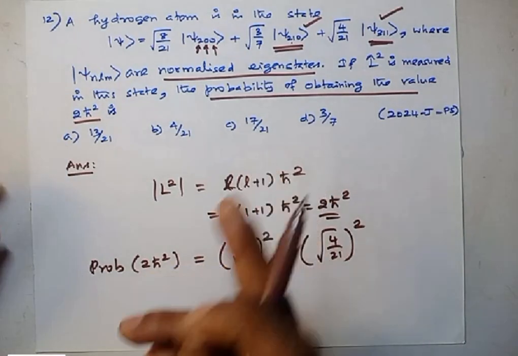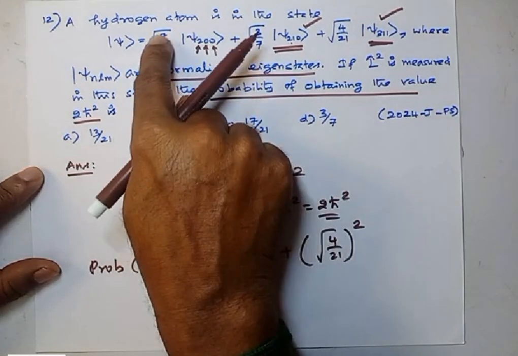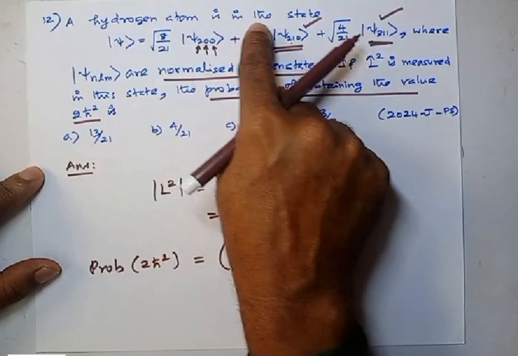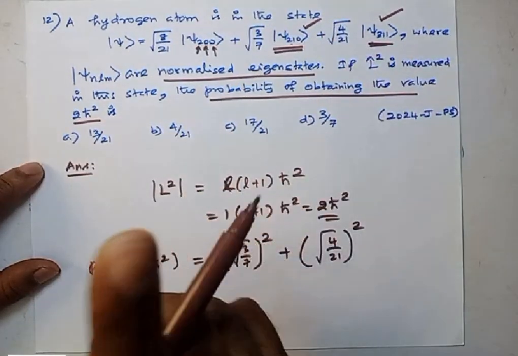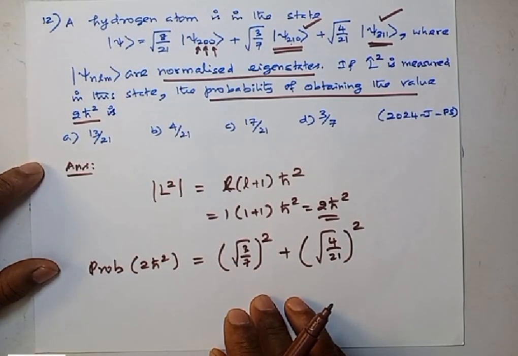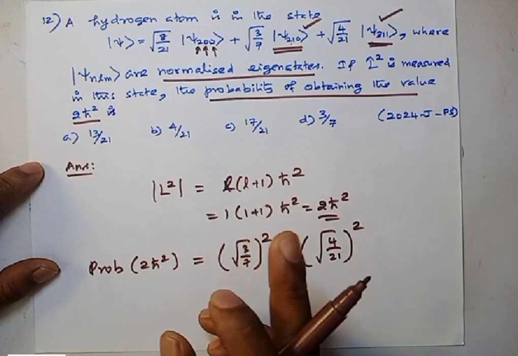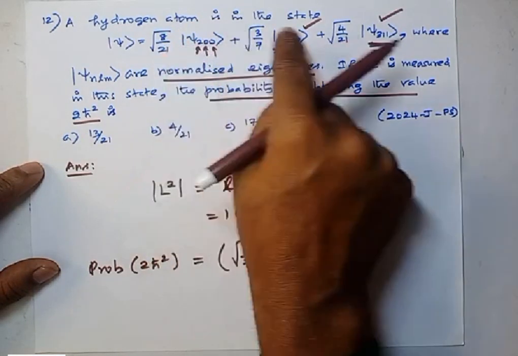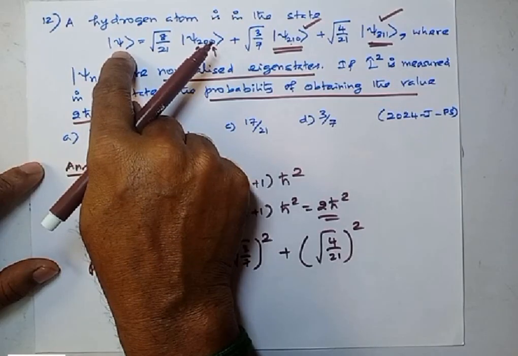But you should be a little careful that the squares of this coefficient, this coefficient and this coefficient should add up to 1. Observe this carefully, because only then does this wave function become normalized.